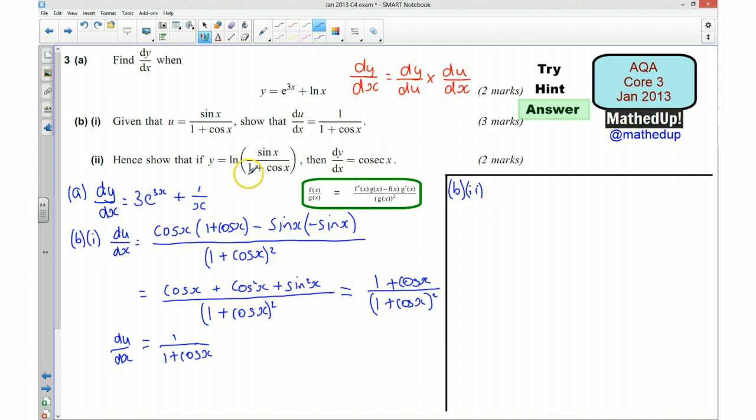What I'm going to do is use the chain rule here, and I'm going to start by saying that u is equal to sin x over 1 plus cos x. Okay, we've got chain rule written up over here, so I need to know what du by dx is, so I'm going to write that over here. And du by dx, well, we worked that out in part 1, and we've worked that out to be 1 over 1 plus cos x.